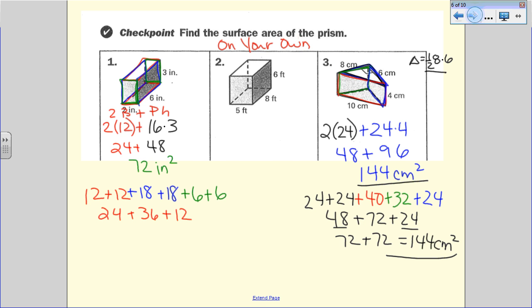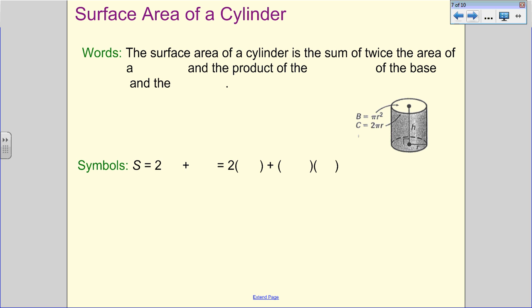All right, so now we're going to take a look at the surface area of cylinders. Cylinders are a little bit different. Hopefully looking at the video today showed you what's going on. It's 2 circles that are wrapping a rectangle around them. Those are the 2 shapes that we have.